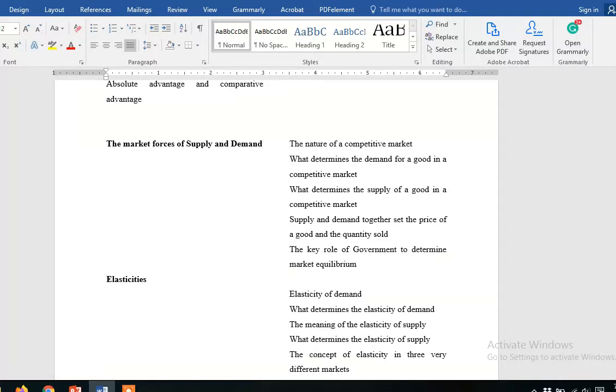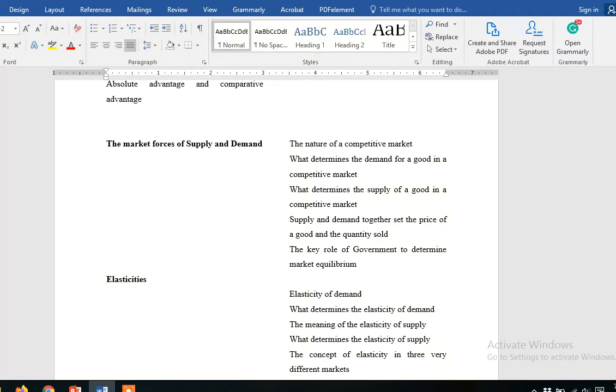The nature of a competitive market, what determines the demand for a good in a competitive market, and what determines the supply of a good in a competitive market. Supply and demand together set the price of a good and the quantity sold. The key role of the government is to determine the market equilibrium.